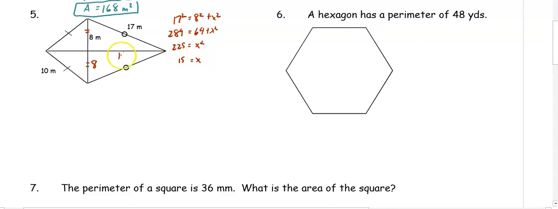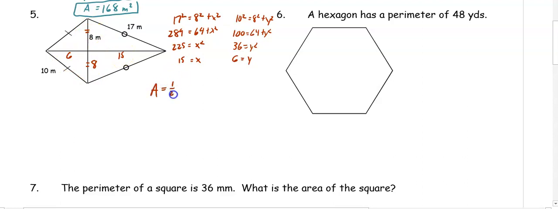So x is 15. Then we can also do it with the 8 and the 10 for Pythagorean theorem to find the other side. So 10 squared equals 8 squared plus y squared. 100 equals 64 plus y squared. 36 equals y squared, so y is 6. So our diagonals are 8 and 8, which is 16, and 6 and 15, which is 21.